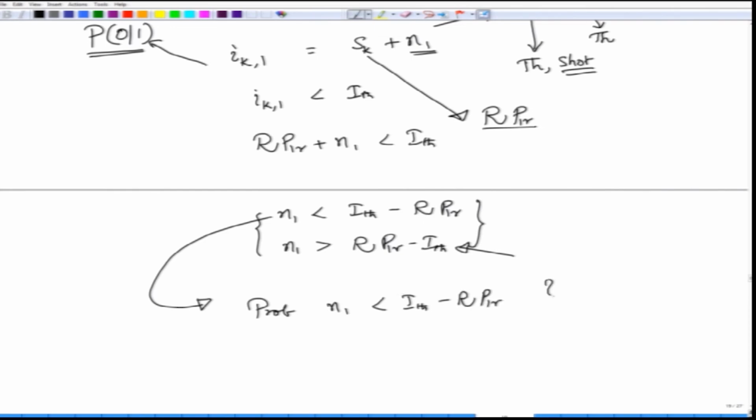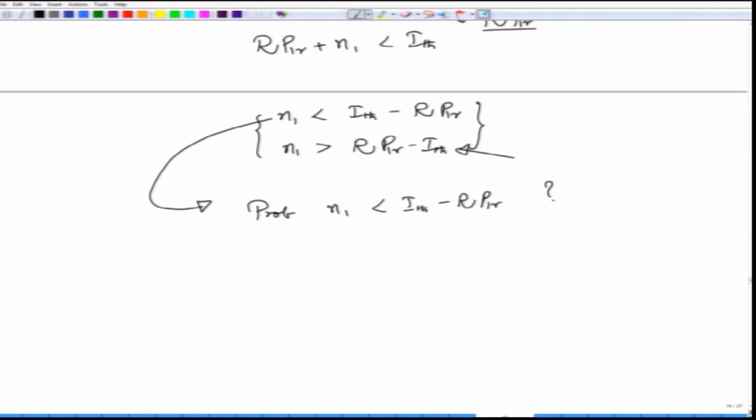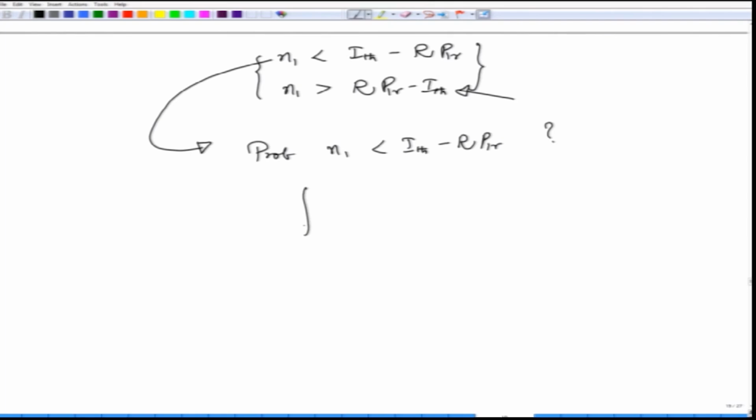So, what is the probability that the noise N1 would be less than I_TH minus R P1R? What is the probability that this noise would be less than this? Well, this would be the situation when I have to integrate. If I look at the probability density function, the probability density function for bit 1 will have a variance of sigma 1 square, okay, and the area that you are looking for is when the noise is less than this particular value.